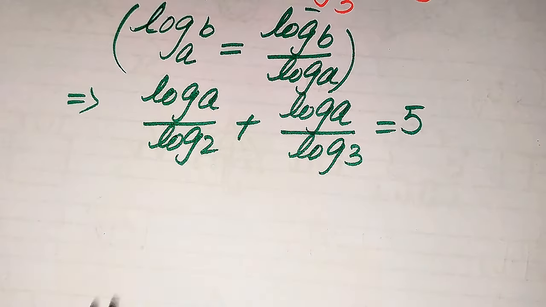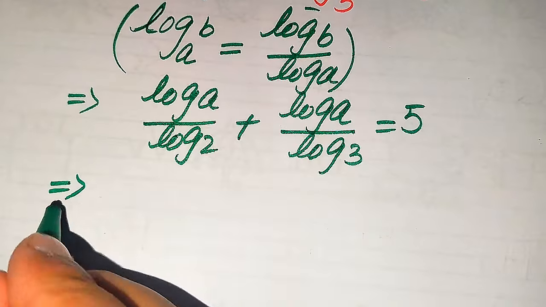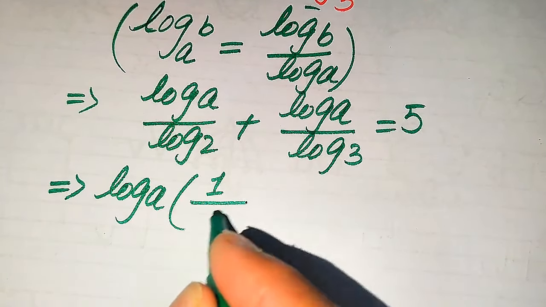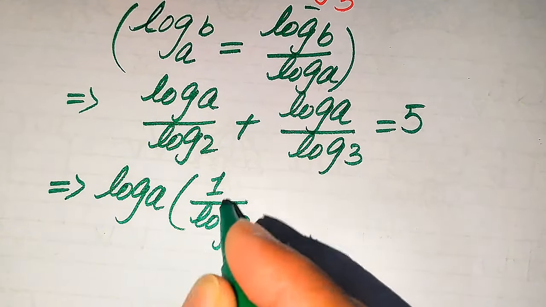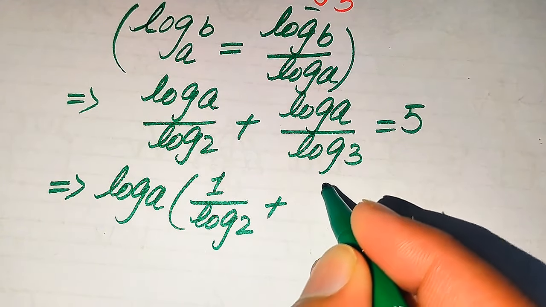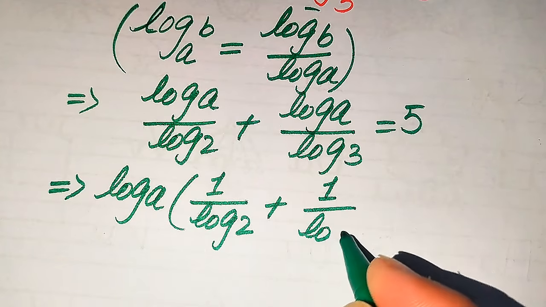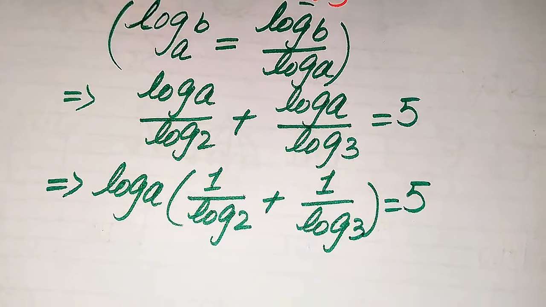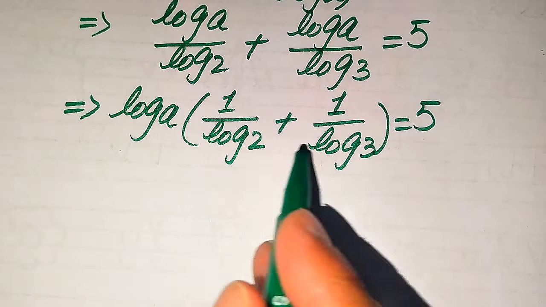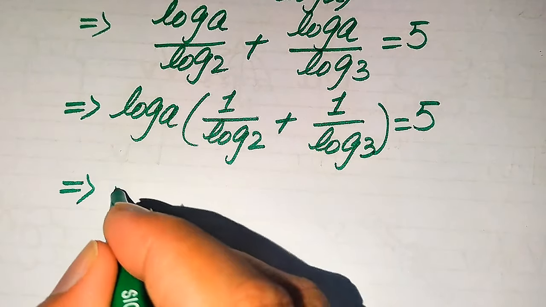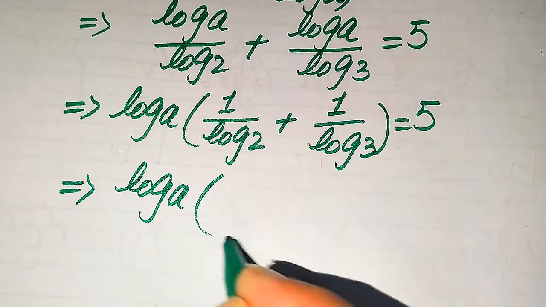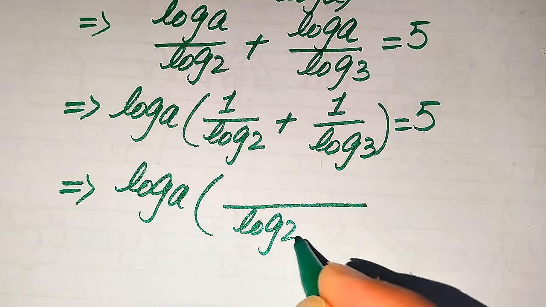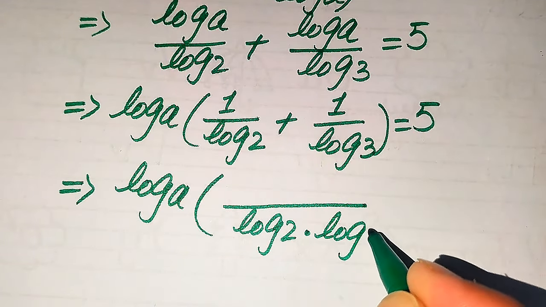Now you see here log of a is the common term, so we take log of a common, and after taking it common the remaining values are 1 over log of 2 plus 1 divided by log of 3 is equal to 5. Further in the next step we need to take the LCM of these terms, and when we take the LCM it will be log of 2 multiplied by log of 3.